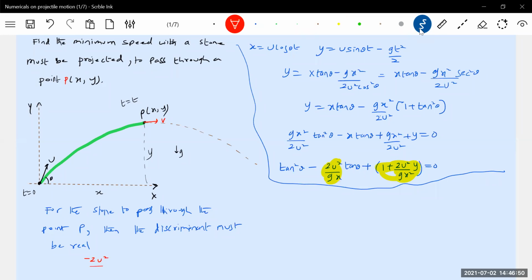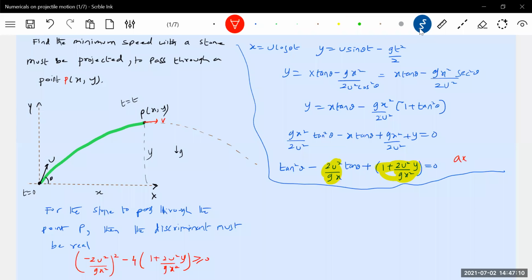Minus 2u square by g x whole square minus 4 into 1 into 2u square by g x square y.